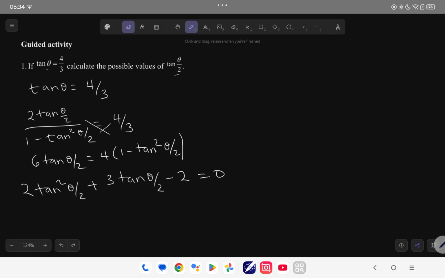Please, you can pause this video and try to open and rearrange this expression to arrive at what I have got here. Now, since we want to solve for tan theta over 2 as in the question, we are going to let our tan theta over 2 be m or any other unknown, so that we are able to easily work out what we need to get.